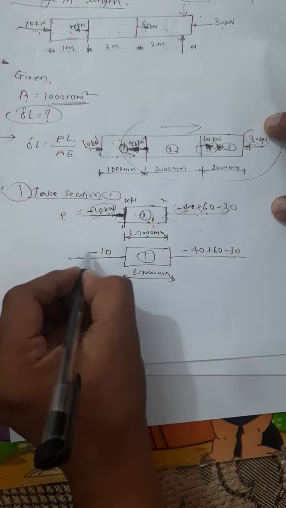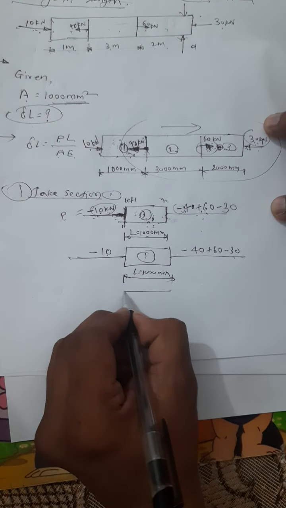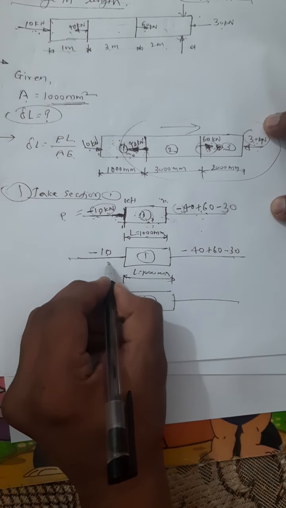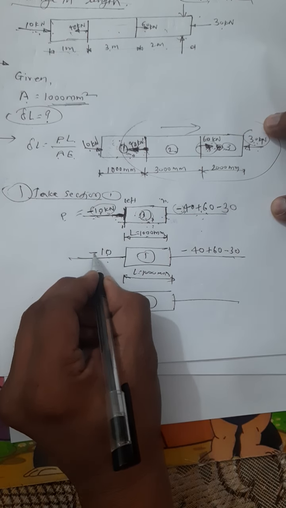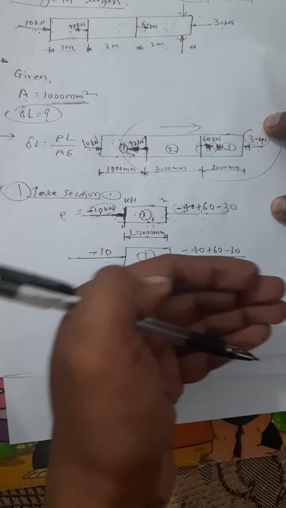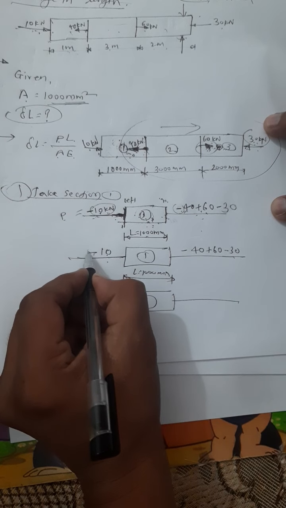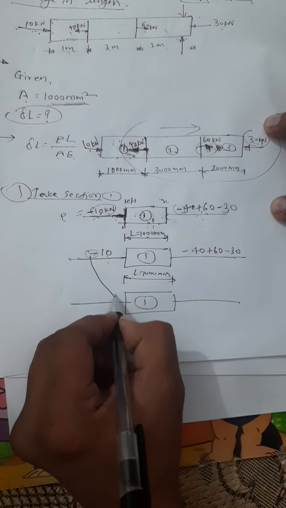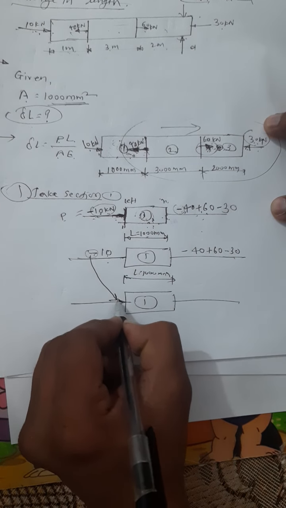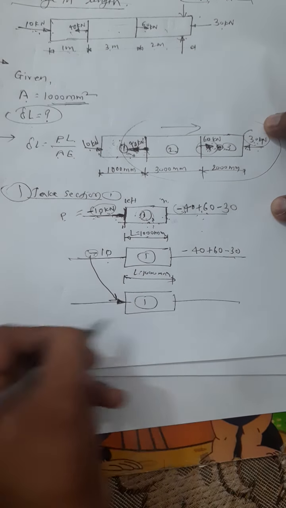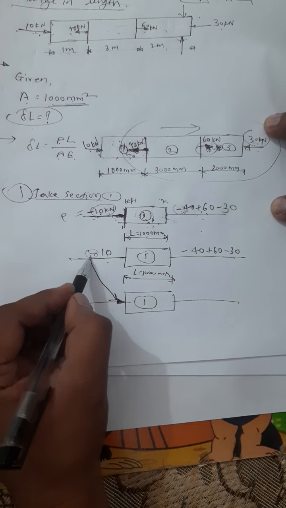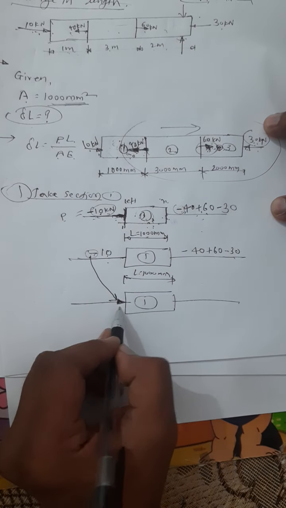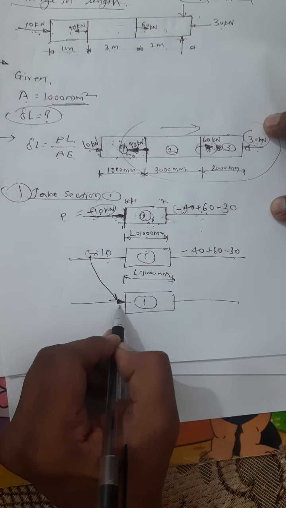So next figure, minus 10. Minus means pushing, compressing. So remove this minus and convert it into an arrow. This is an arrow, pushing. We have a minus sign, but this minus sign is converted into pushing.